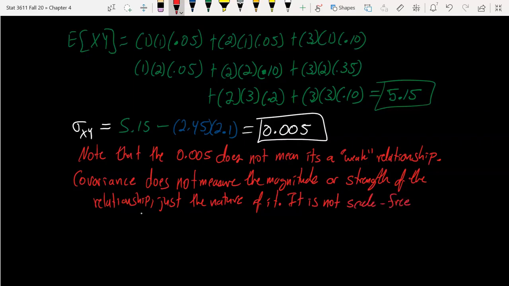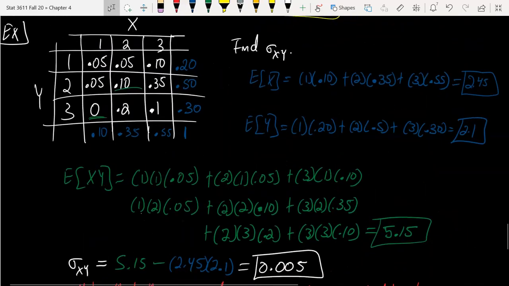It is not scale-free. The size of the covariance depends on the units being used in your problem with your random variables, okay? For example, if x is 1, 2, and 3, and y is 1, 2, and 3, those are relatively small units. If I do this same question, but I say x is 1,000, 2,000, and 3,000, and y is 1,000, 2,000, or 3,000, it's not changing the relationship, it's just changing the units.